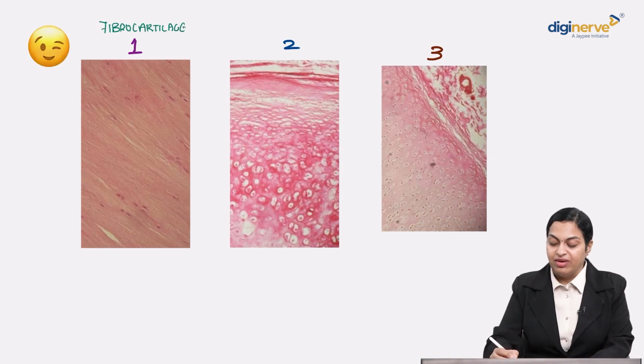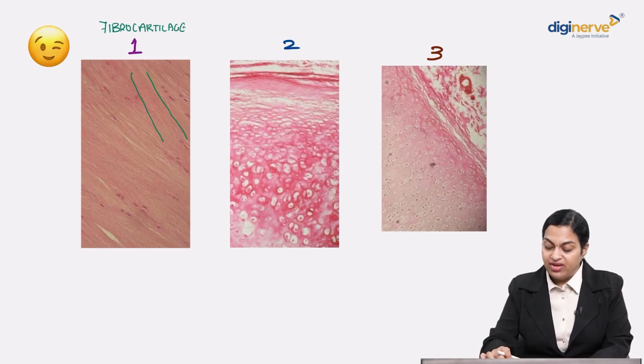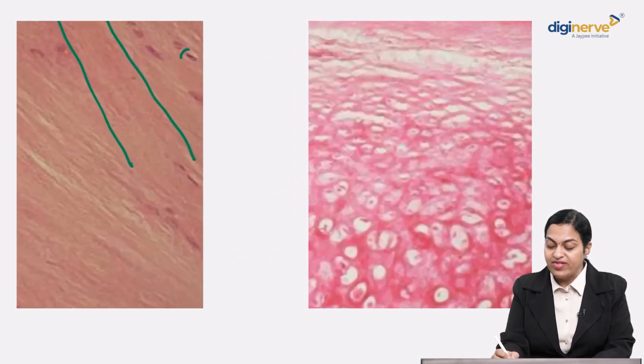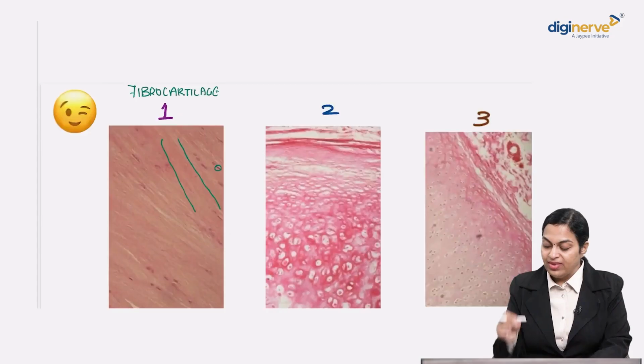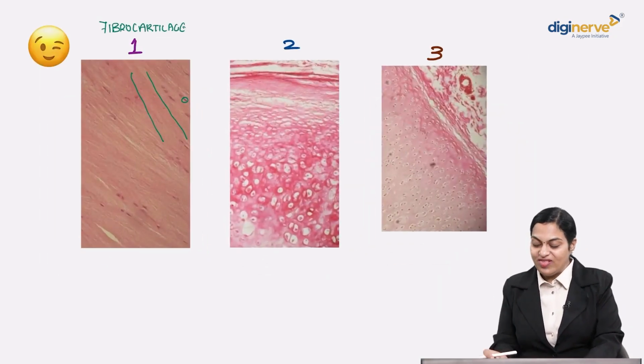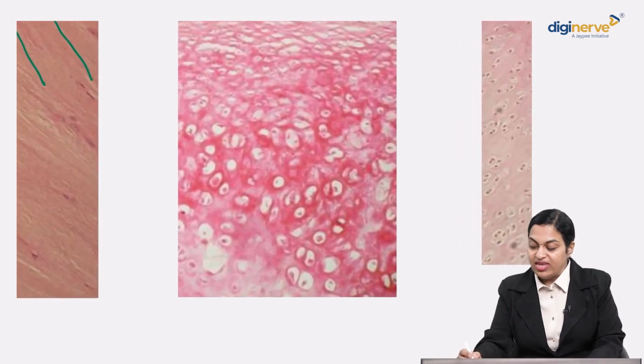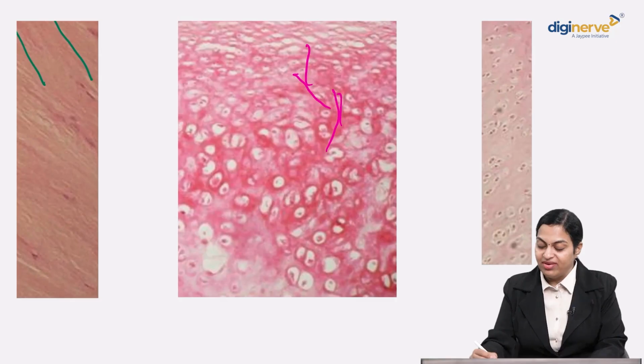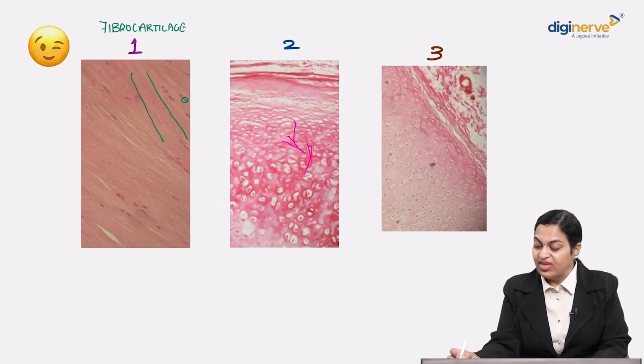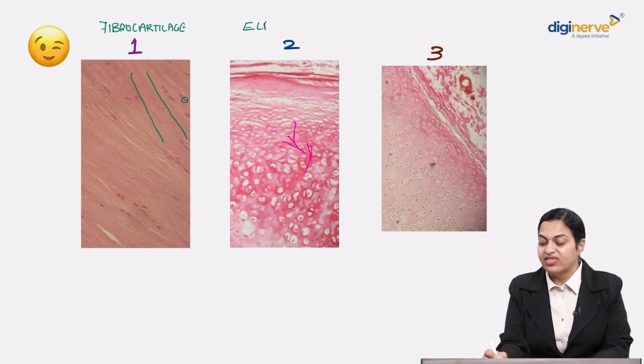Abundant collagen fibers, right? Can you appreciate the chondrocytes in lacuna? And 2 is, yes, you can see the eosinophilic fibers in the matrix, right? Elastic cartilage.